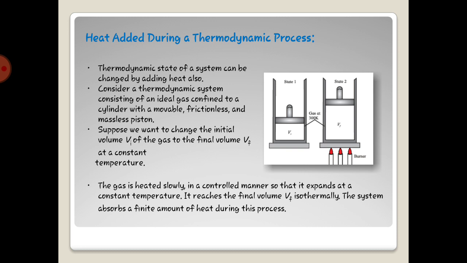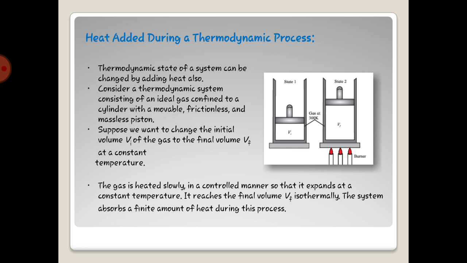We are saying that it should be at constant temperature. So as to maintain the temperature, I am giving heat to the system very slowly. As I am giving heat very slowly, the volume will increase slowly, so it expands really slowly.